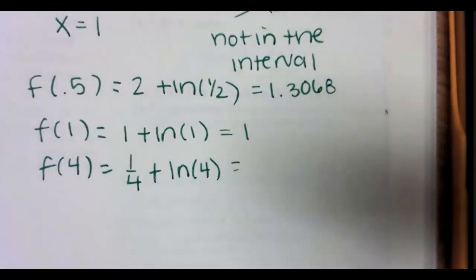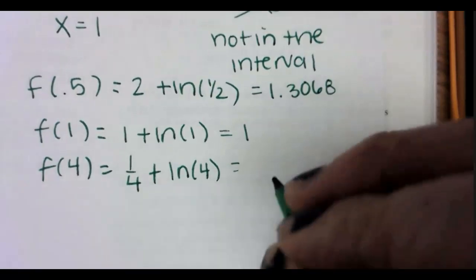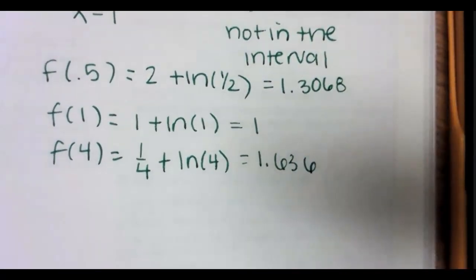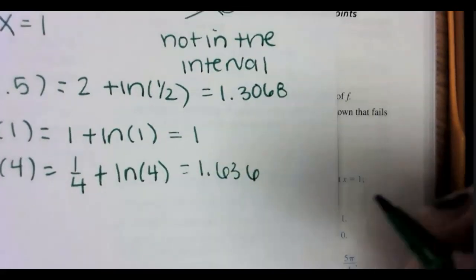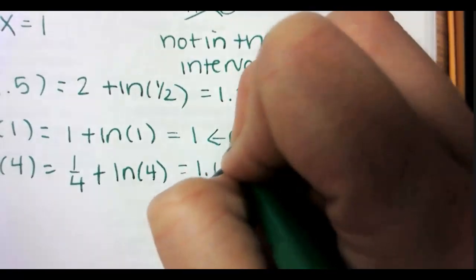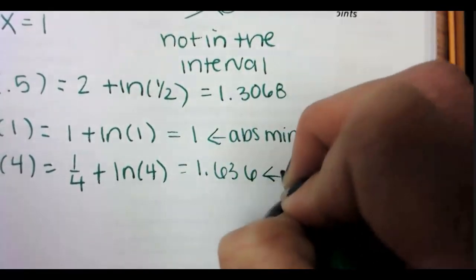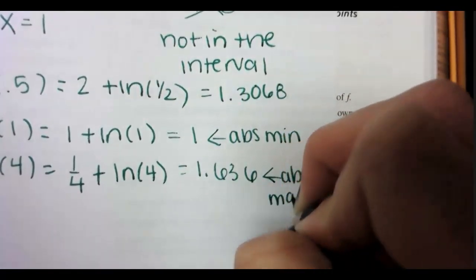And then 1/4 plus the natural log of 4 is 1.636. So when I look at this information, I can see that f of 1 is my absolute min, and f of 4 is my absolute max.